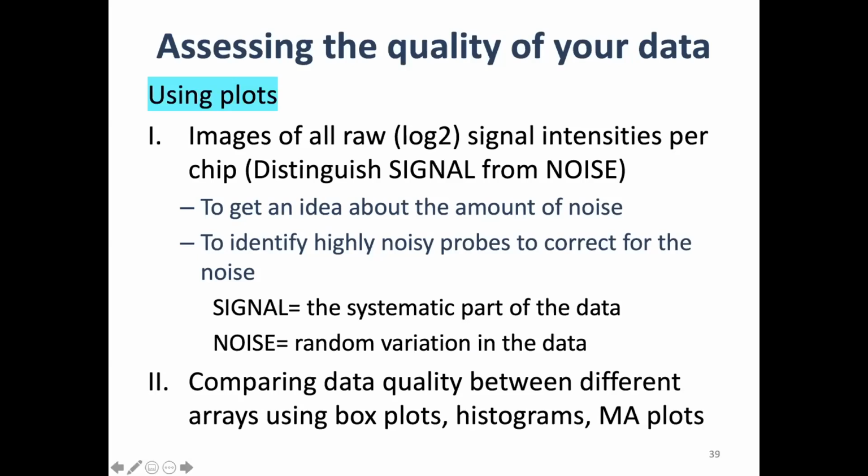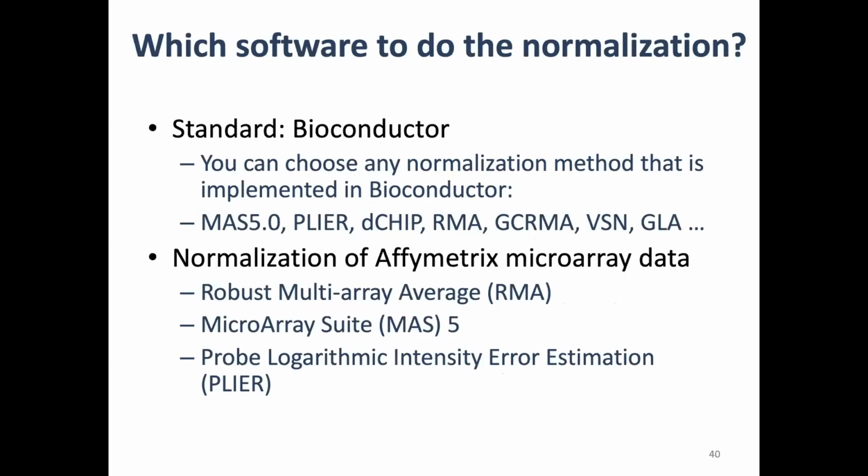You want to understand that. To that you make these kinds of plots. You want to know the signal, you want to know the noise level on the data sets. So these plots give you a visual understanding of the data.